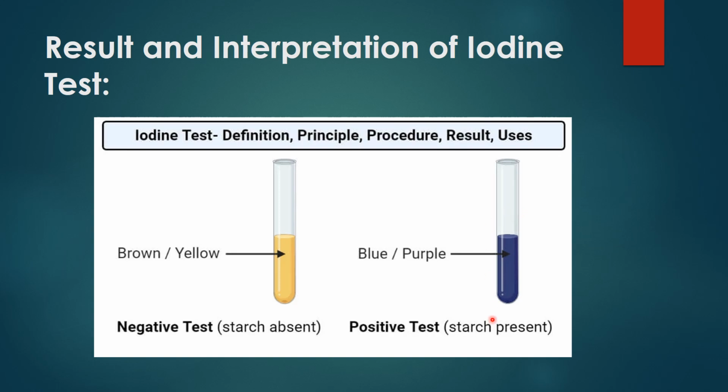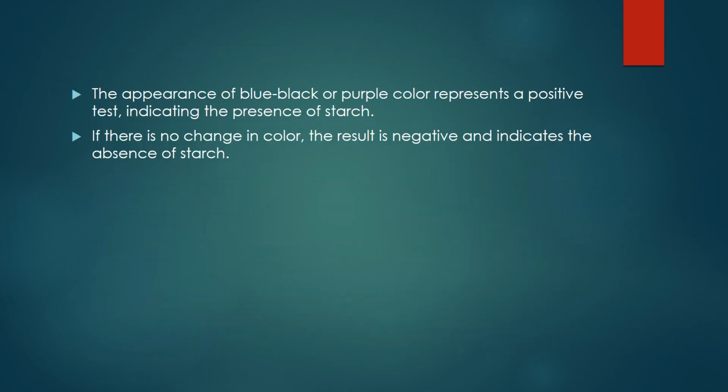But in this sample, you can see the blue purple color, so it's a positive test because the starch is present. Okay, the appearance of a blue, black, or purple color represents a positive test indicating the presence of starch.